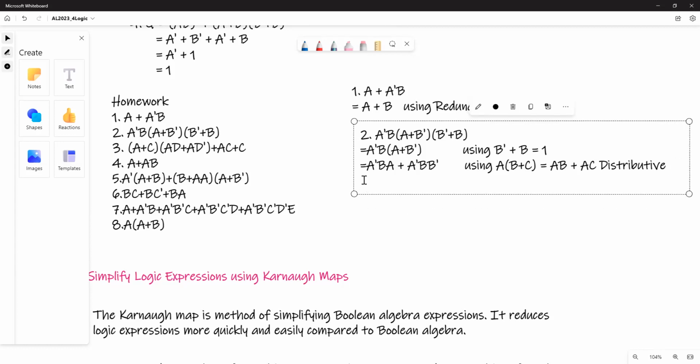Now we know the order of this. When we have A bar B A, you can change the order. But when you have A bar A, this is 0. A into A bar is 0, so this part will be 0. What is left is A bar B B bar, and B B bar is also 0.